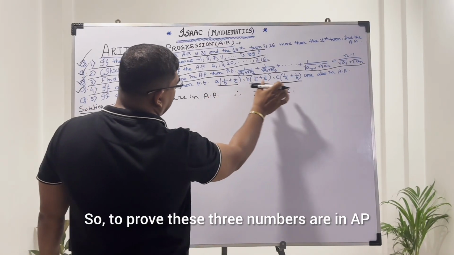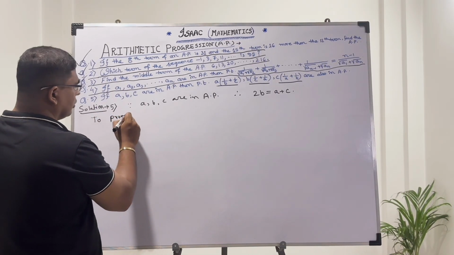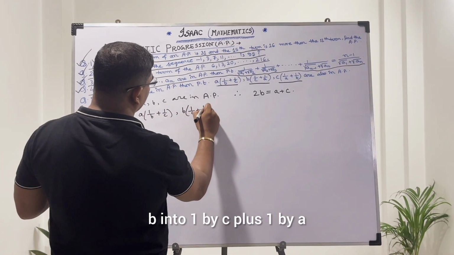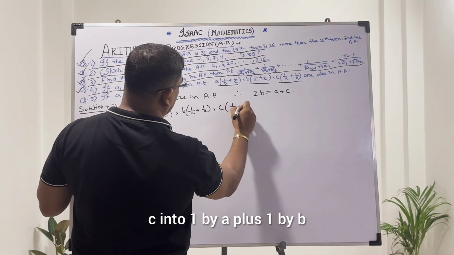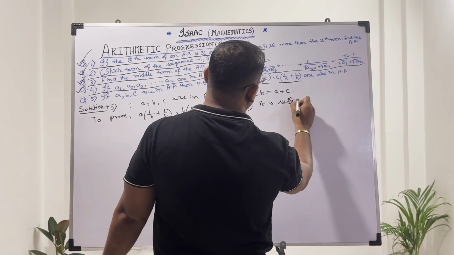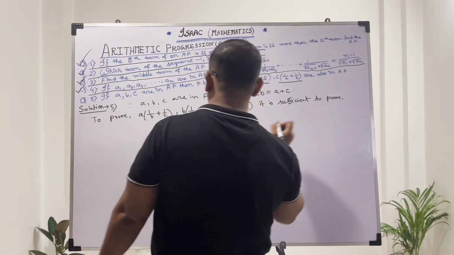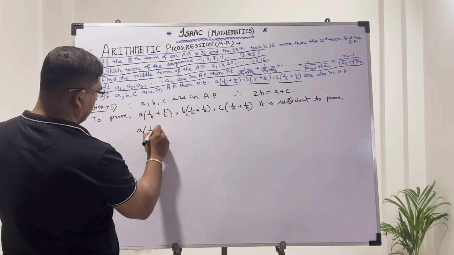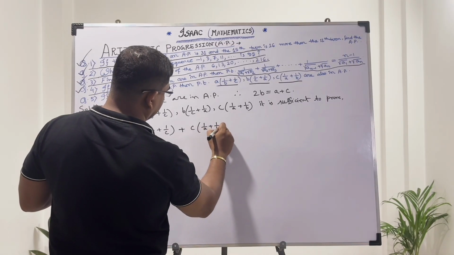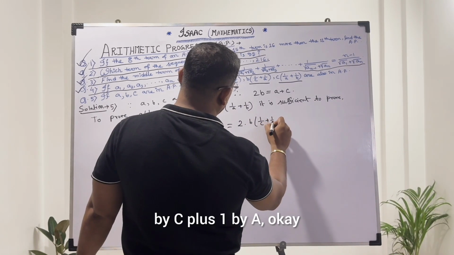So to prove these three numbers are in AP, to prove A into 1 by B plus 1 by C, B into 1 by C plus 1 by A, C into 1 by A plus 1 by B, it is sufficient to prove this plus this is equal to twice of B into 1 by C plus 1 by A. Okay.